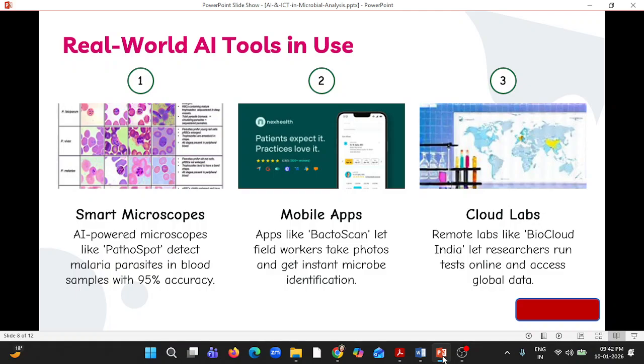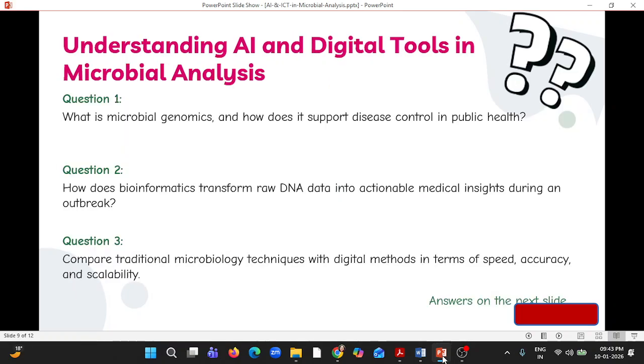So, whatever we have discussed up till now, I think you get a basic idea about how AI tools could be useful in microbial analysis. So you could answer these simple questions: what is microbial genomics and how does it support disease control and public health?